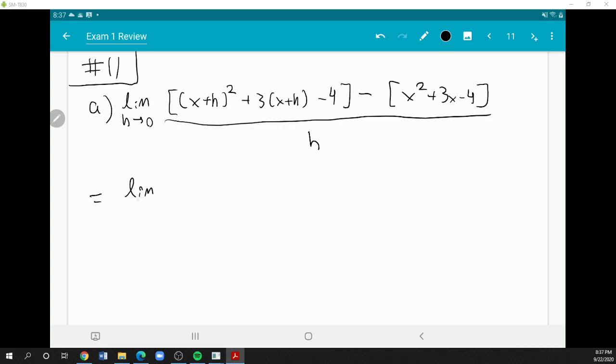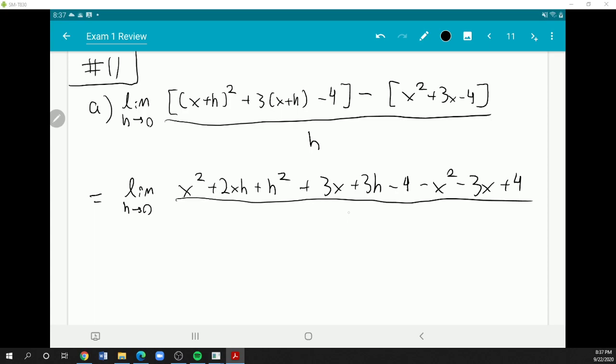So let's go ahead and do that. We have limit as h goes to 0 of, if you FOIL this thing, you get x squared plus 2xh plus h squared. We distribute the 3: plus 3x plus 3h minus 4 minus x squared minus 3x plus 4.